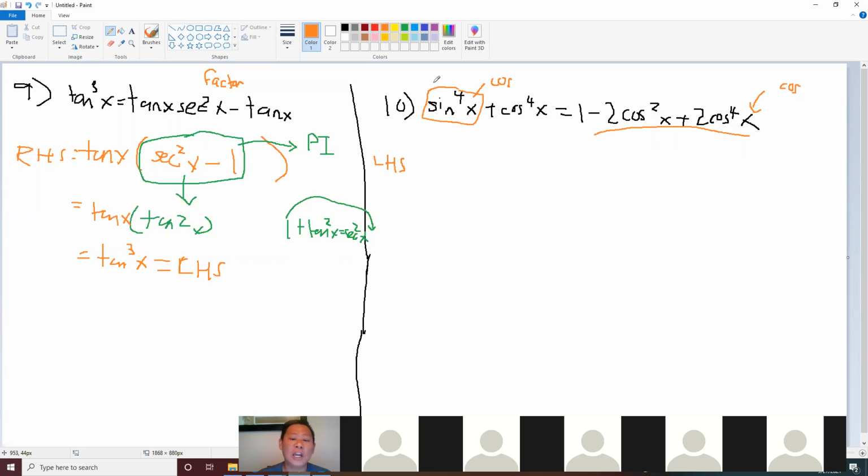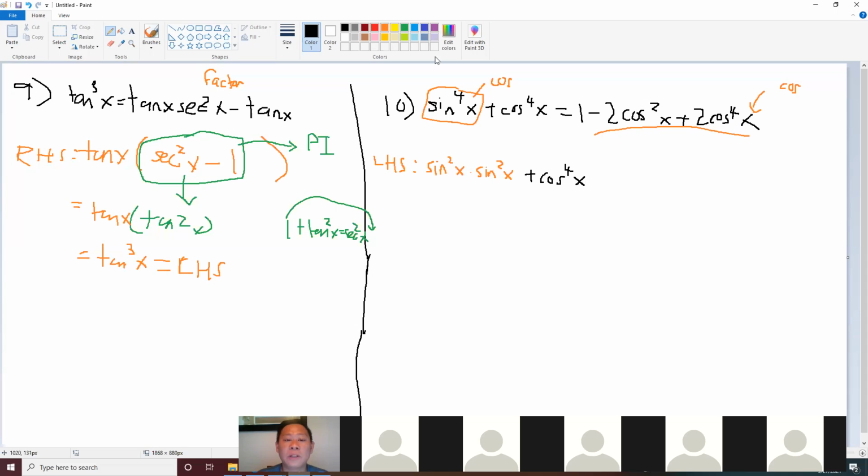How do we change this in terms of cosine? We will write sine 4x as sine square x times sine square x, so I just duplicate it twice. Then plus cosine 4x. The cosine 4x we don't change, because the right side already has cosine 4x.